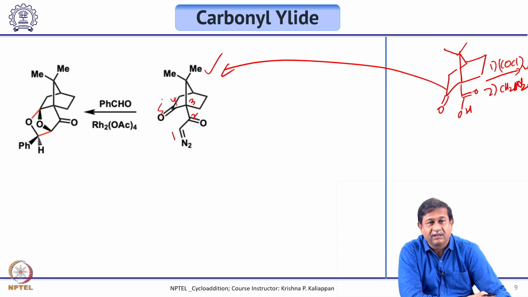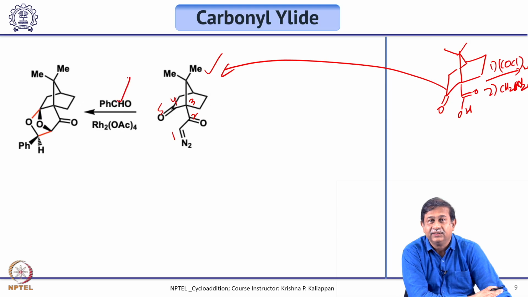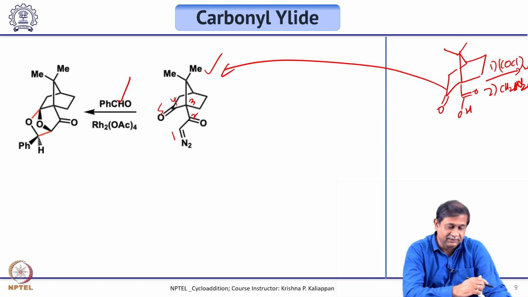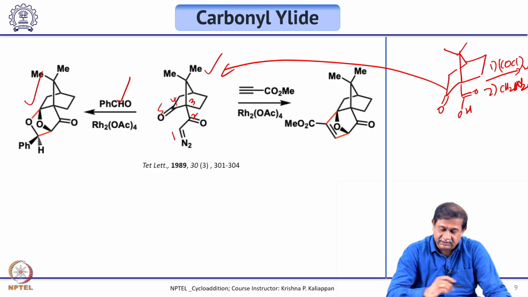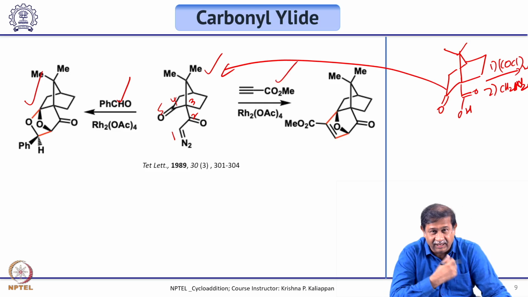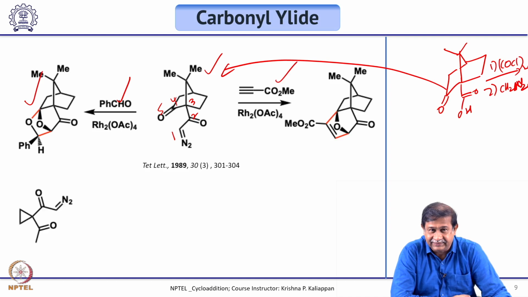A 5-membered carbonyl ylide will be generated, and that was immediately trapped by benzaldehyde through 1,3-dipolar cycloaddition to get this tetracyclic compound. One can also use methyl propiolate and other dipolarophiles to get the corresponding cycloadducts. It is a very simple, straightforward reaction.